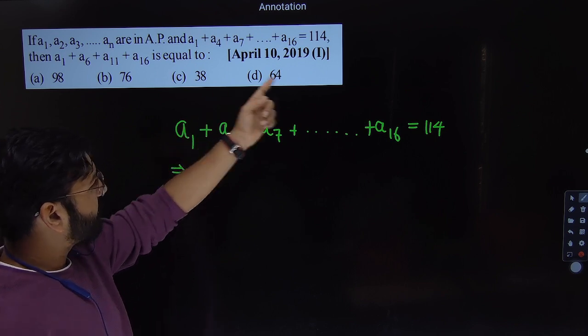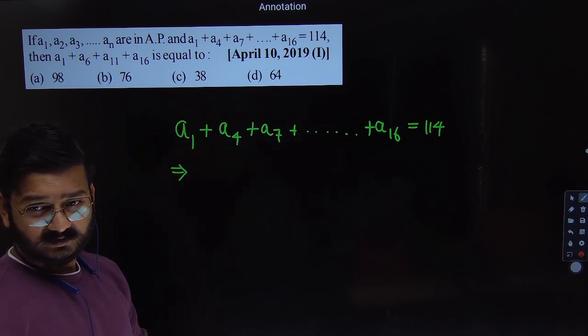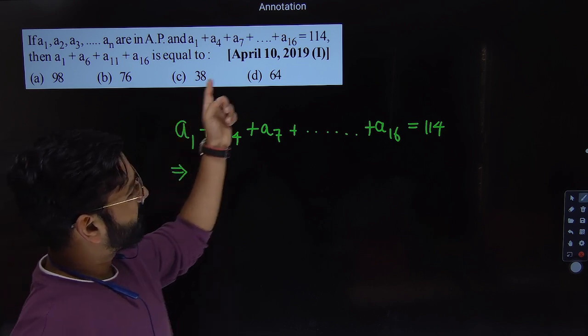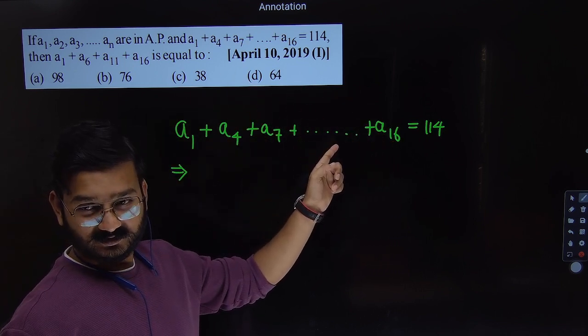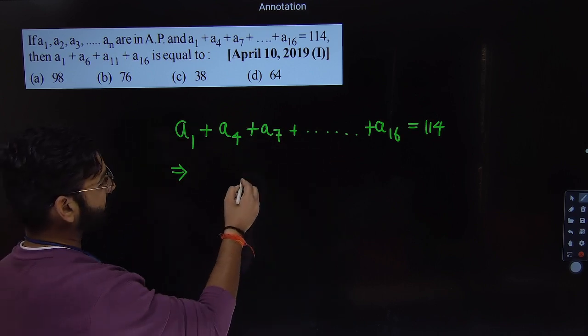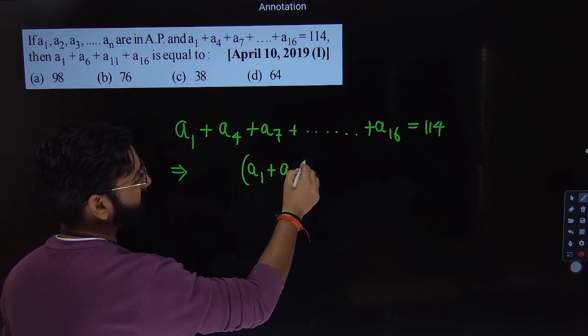So A4 will be clubbed with what? A13. 1 plus 16, 17. So 4 will be clubbed with 13. Now how many pairs will be formed?